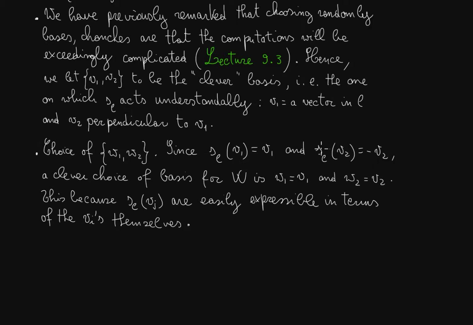V1 and negative V2 are very easily expressed as functions of the same basis as the domain, namely V1 and V2 themselves. Therefore, we pick W1 and W2 to be the same basis as V1, V2.